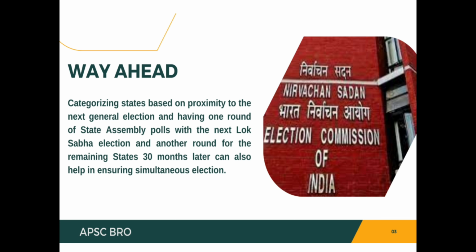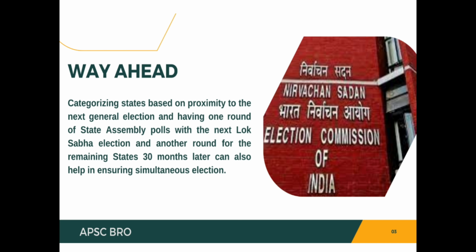See, what can be done is, instead of organizing all the states' elections together, we can divide it into 50-50. All the state elections which are nearby to 2024. Suppose there is a state which is going to get dissolved in 2024, or a state which is going to get dissolved in 2025. Those states' elections can be held together with the center in 2024.